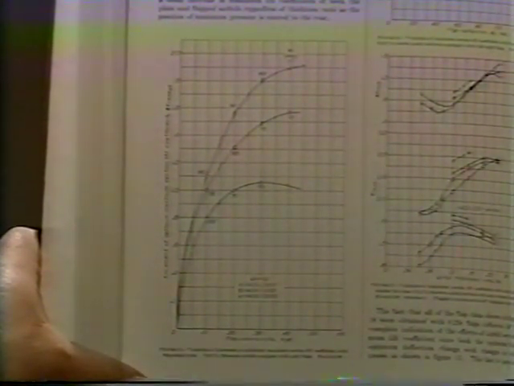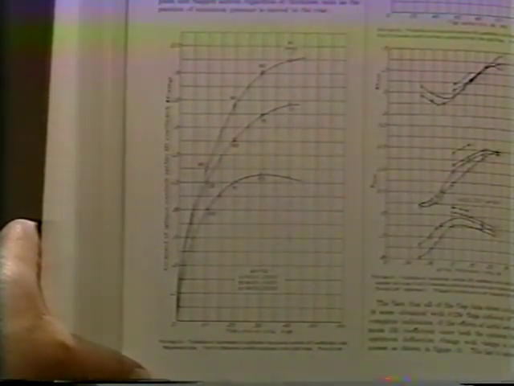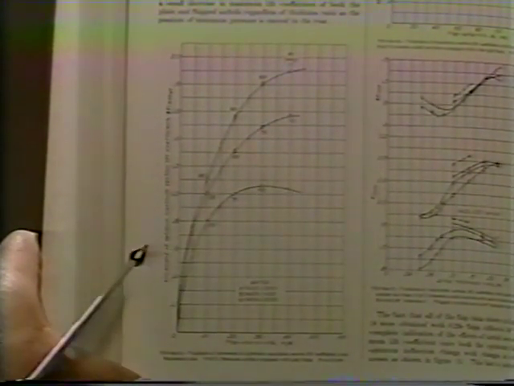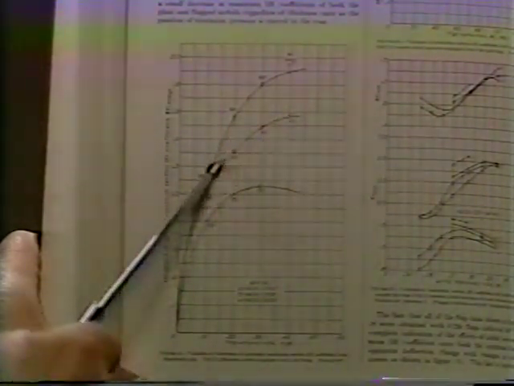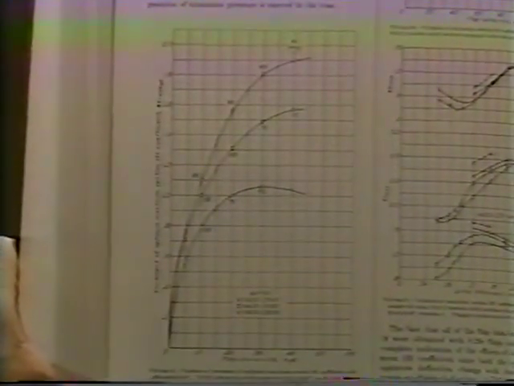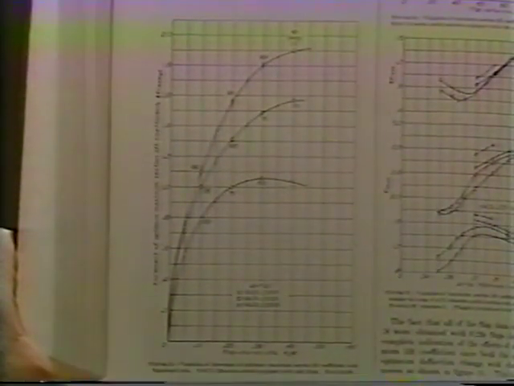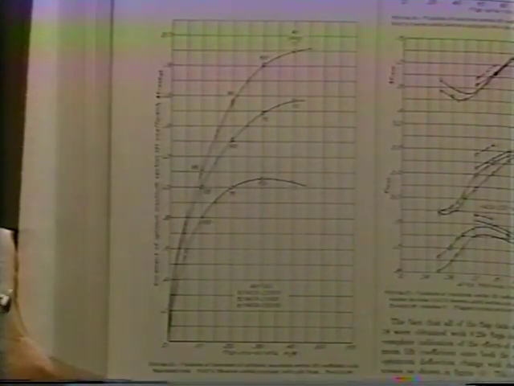This particular chart happens to be using a 230 series airfoil. The bottom one is for a 12% thick airfoil. The top one here is for a 21% thick airfoil, and the very top is for a 30% thick airfoil.